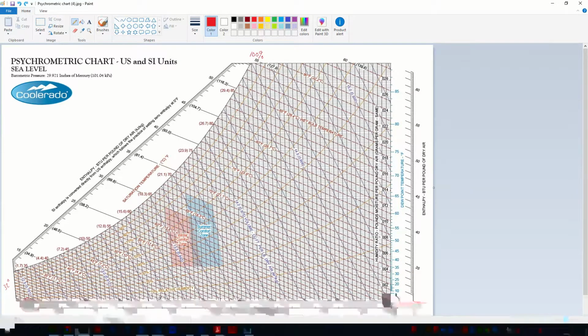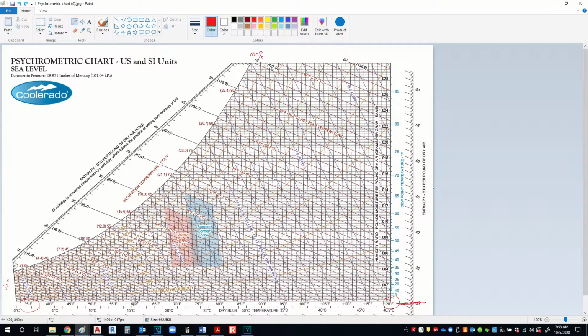So we have 65, let's see, 60, 1, 2, 3, 4, 5, 6, 7, 8. 68 degrees goes right up through there. Okay, so this whole line right here is 68 degrees.